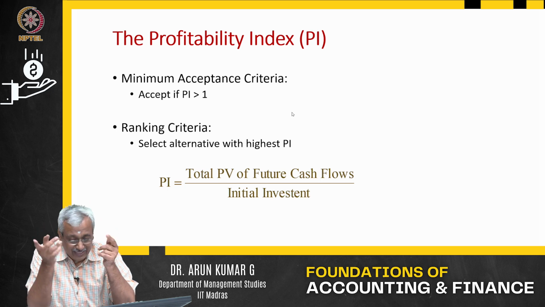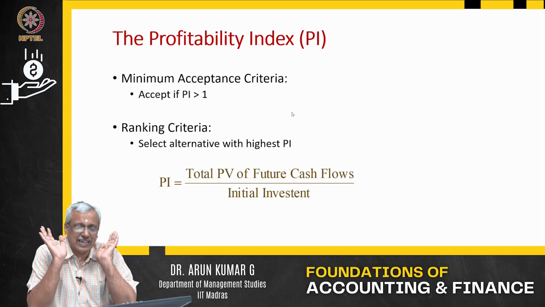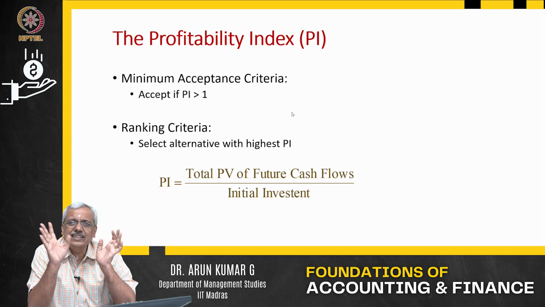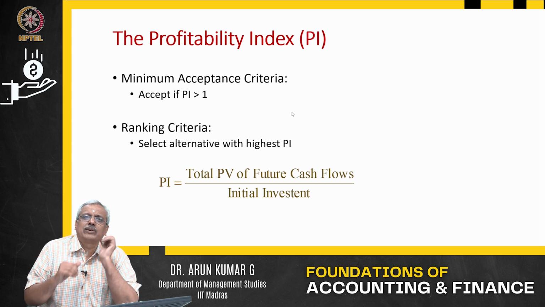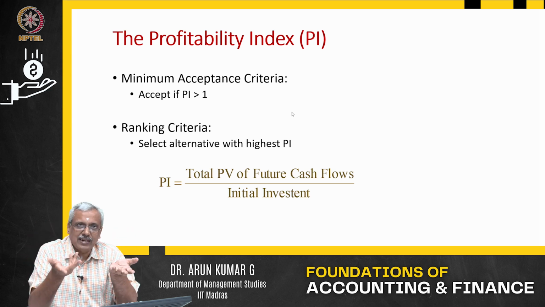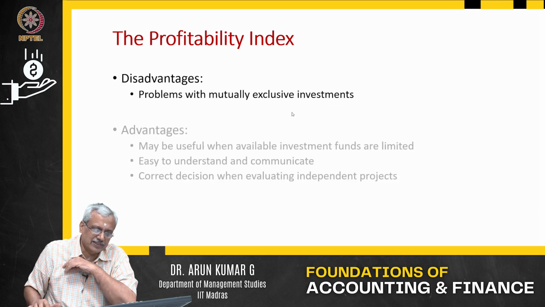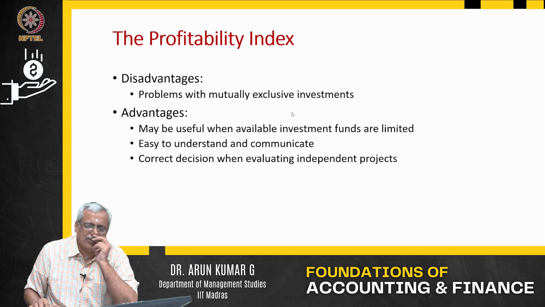I will calculate the present value of all the cash flows divided by my initial investment. That is all we mean by profitability index. Acceptance criteria: profitability index should be greater than 1. If it is greater than 1, then it is a viable project, accept it. That's all we talk about in profitability index. Of course, it has the same problems with mutually exclusive projects and so on.